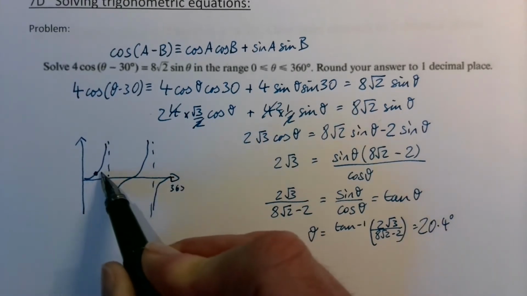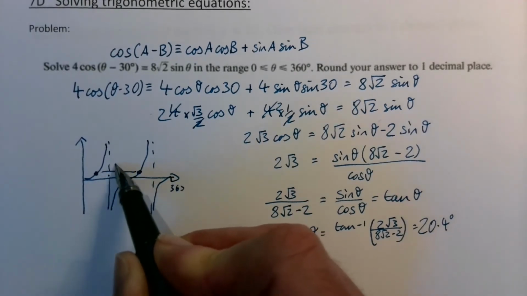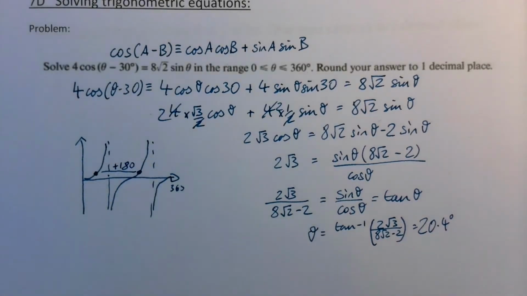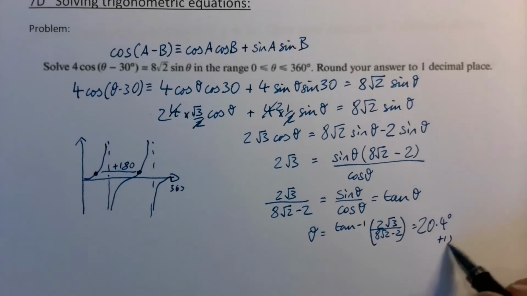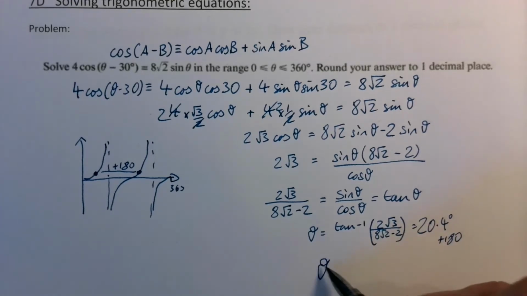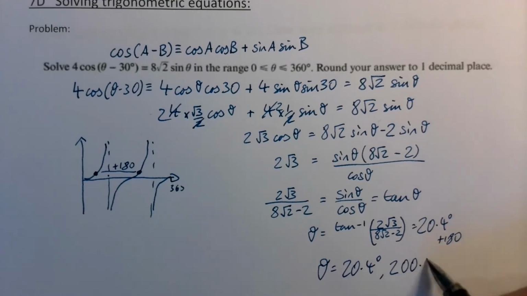So that'll be about there, and it appears again there, which is another half of your 0 to 360, another 180 degrees on, because that's how often you get a new cycle of the tan curve. So that gives us plus 180, so our final answer is going to be 20.4 degrees and also 200.4 degrees.